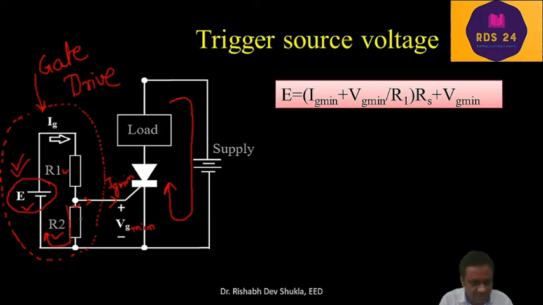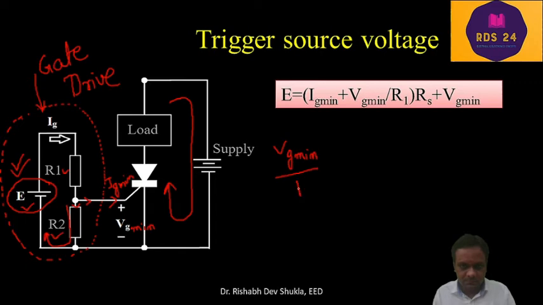So this part which is flowing through R2 will be represented as VG minimum divided by R2.